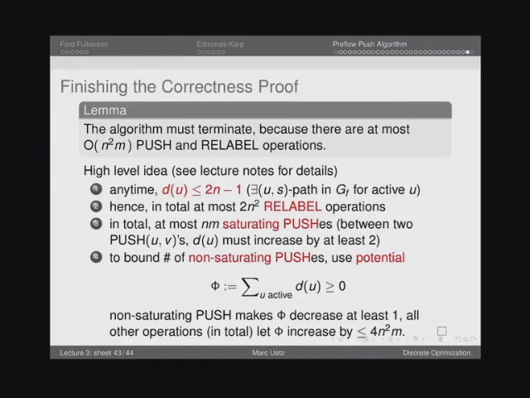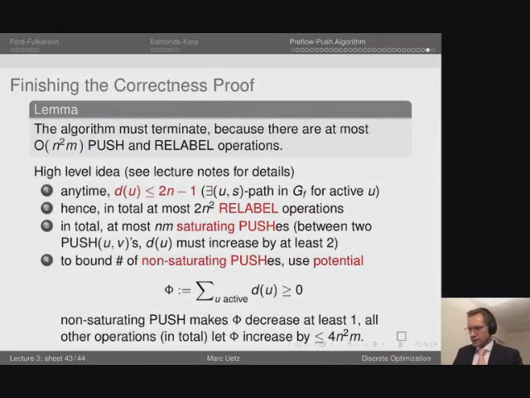So now we are in shape, since we have just argued that the number of non-saturating pushes can be upper bounded by a polynomial function. And well, this is the largest of all these upper bounds. And then in total, the total number of operations that we are doing, so relabel, saturating pushes and non-saturating pushes, cannot be more than this order of magnitude, order n squared times m. So the algorithm does terminate after a polynomial number of steps.